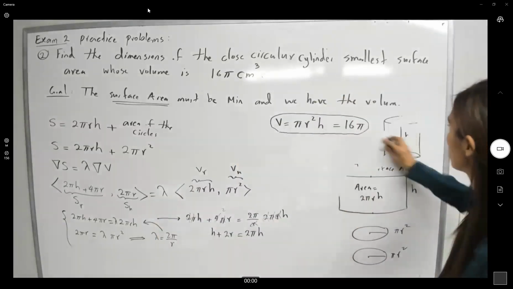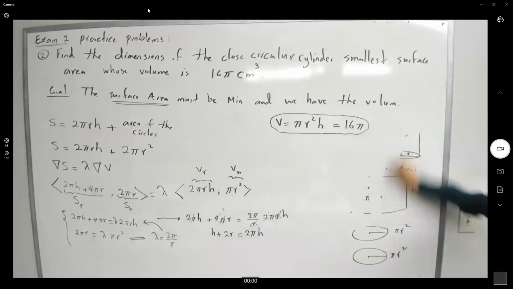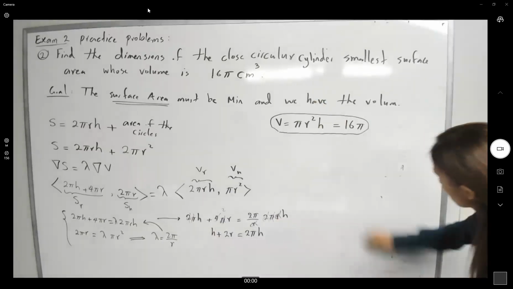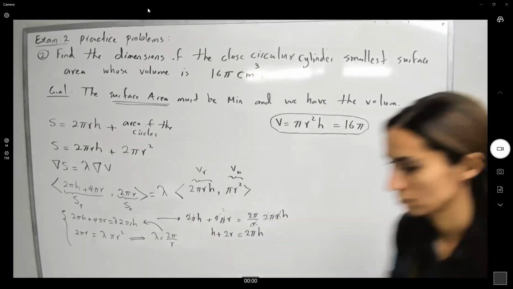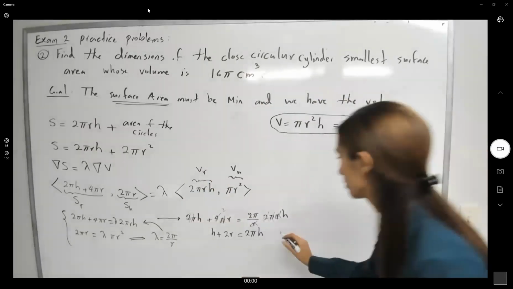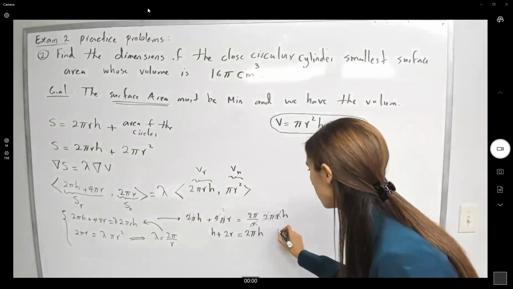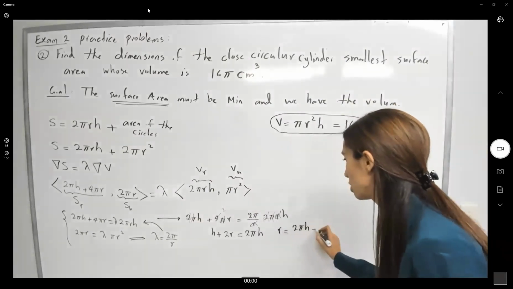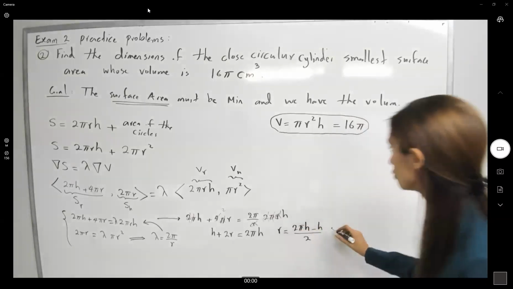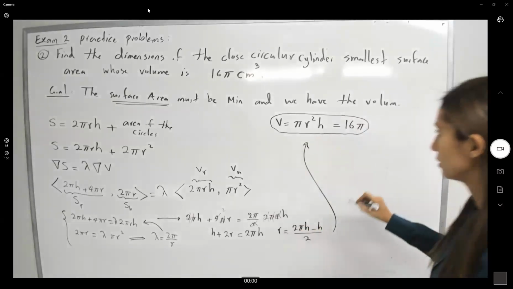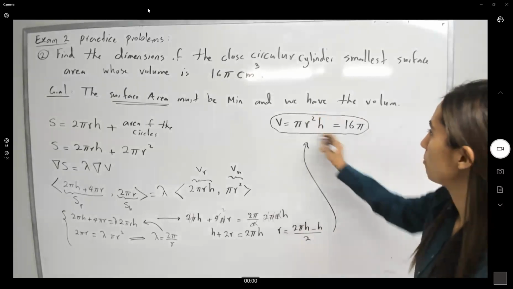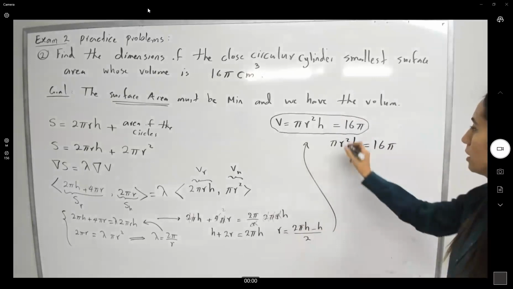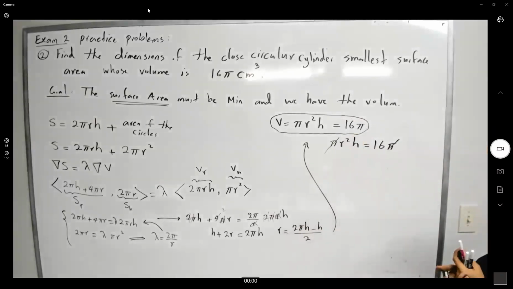Remember that after simplifying whatever it is, you have to use your constraint function. So here you can write down r equals 2 pi h minus h divided by 2 and substitute that here. So pi r squared h is equal to 16 pi, and pi and pi get canceled out.